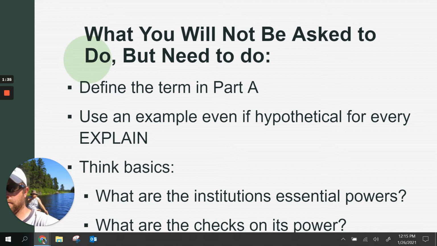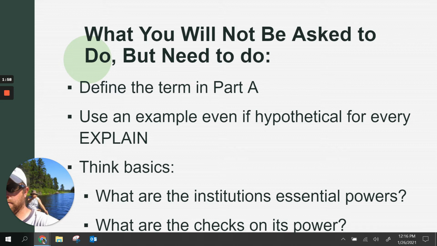Throw in an example. It helps clarify your reasoning. And then think basics. Okay, what are the institution's essential powers? Congress makes laws, the presidency enforces laws, the Supreme Court interprets the laws. Yes, you will have to go beyond that, but knowing the basics is always going to get you a correct answer also.